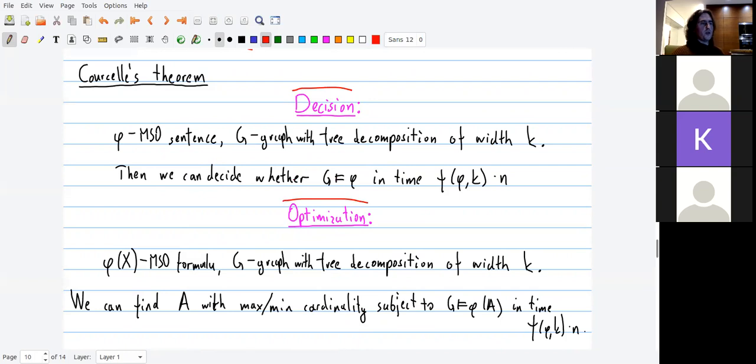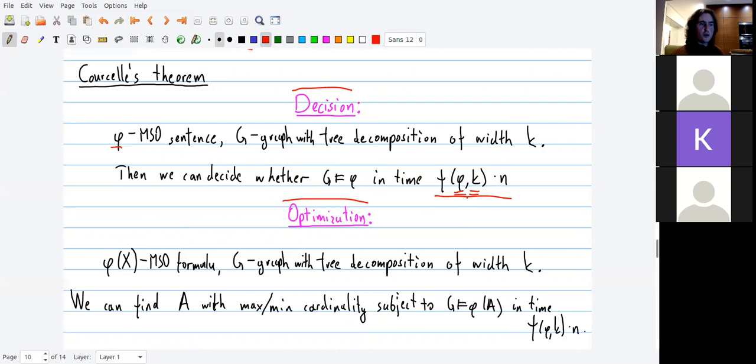The decision version is very simple. I get a sentence and a graph with a tree decomposition of width k, and I can decide whether my graph satisfies the sentence in linear time FPT, parameterized by the size of the description of the problem and the width of the decomposition.